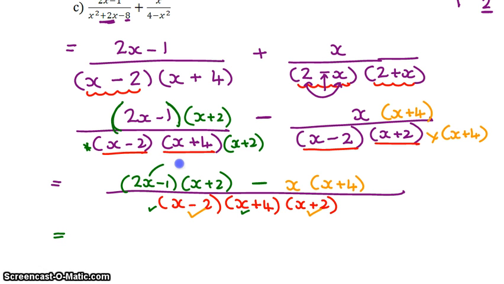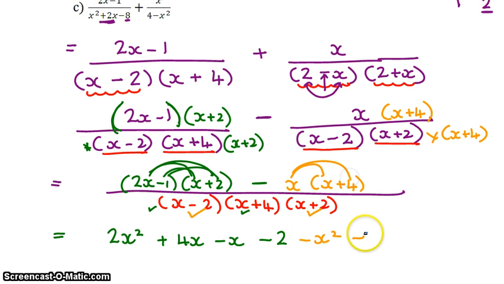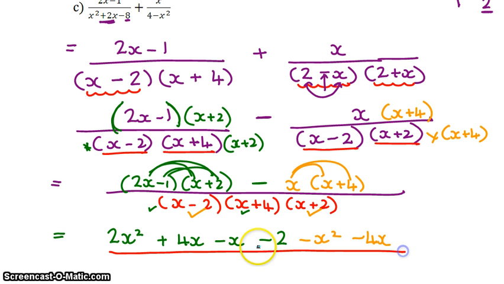So 2x times x will give me 2x squared. 2x times 2 is plus 4x, minus x, minus 2, and minus x squared and minus 4x, all over my lowest common denominator.